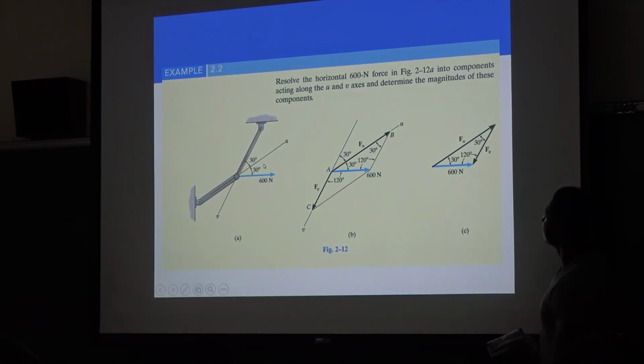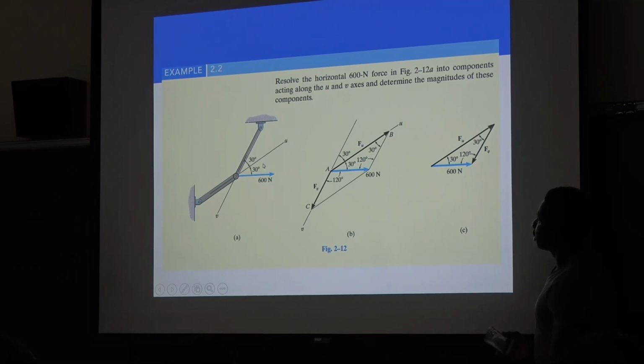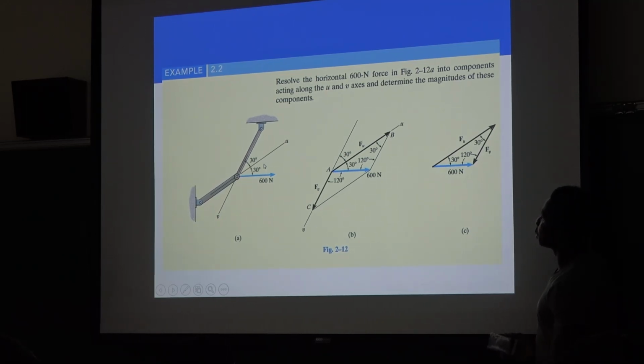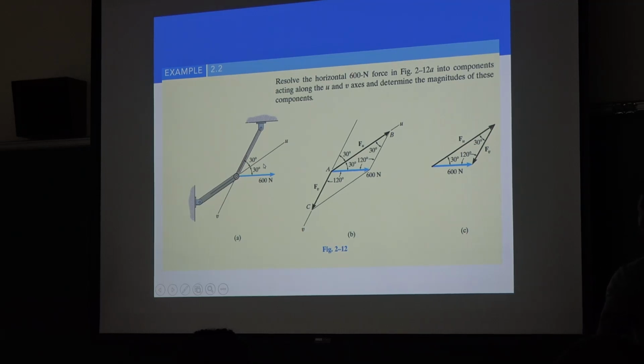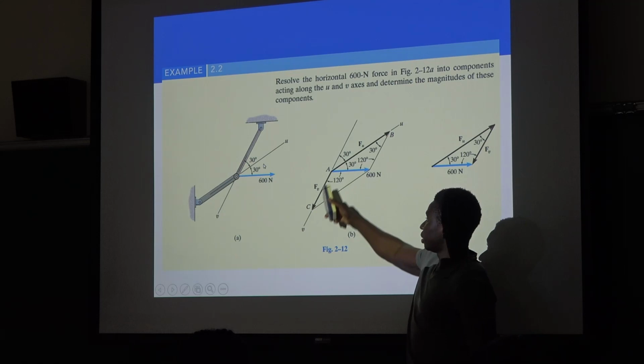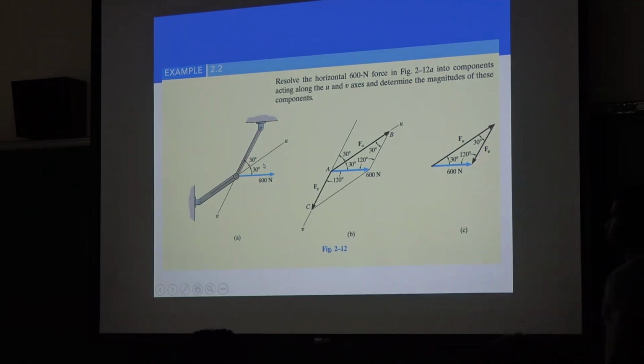Okay, so it says, resolve the horizontal 600 Newton force in figure 2-12a into components acting along the U and the V axis, and determine the magnitudes of these components. So we need to determine the magnitude of the component forces.